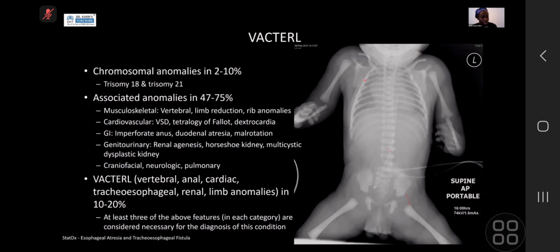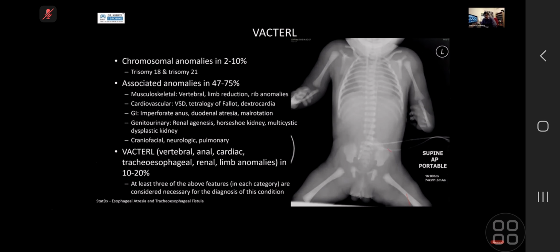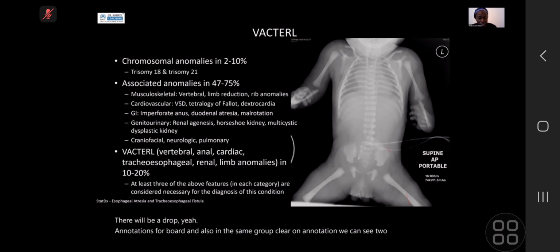So VACTERL as... Excuse me, Toby, there are some marks on the screen. Do you know how to stop annotations and how to clear annotations? As far as I can see, I don't have any. Are you on a Mac or on your... I'm on my PC. How do I get rid of... If you know the Zoom bar, there will be 3 dots there. If you hover on those 3 dots, there will be a drop up or drop down. Stop annotations for all, and also in the same go clear annotations. We can see 2 red lines there. I've got enable annotations for others.